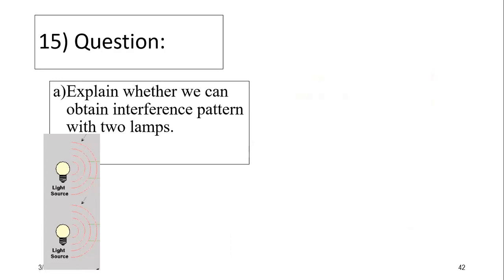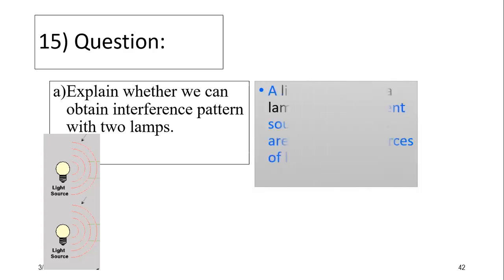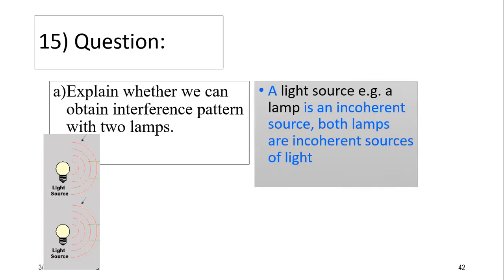Explain whether we can obtain an interference pattern with two lamps. Cannot. A light source, for example a lamp, is an incoherent source. It's no more a point source. So the waves coming out at different points on the filament are all not related to each other. That's why we call it incoherent. Both lamps are incoherent sources of light.